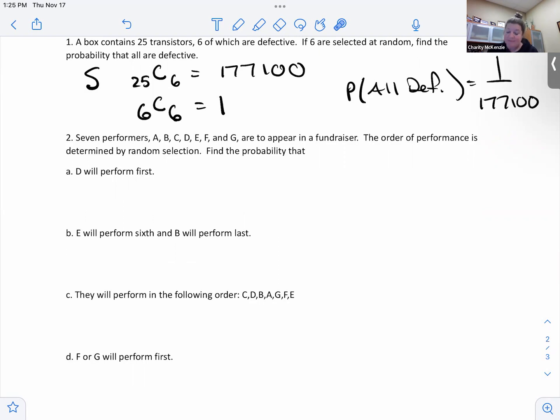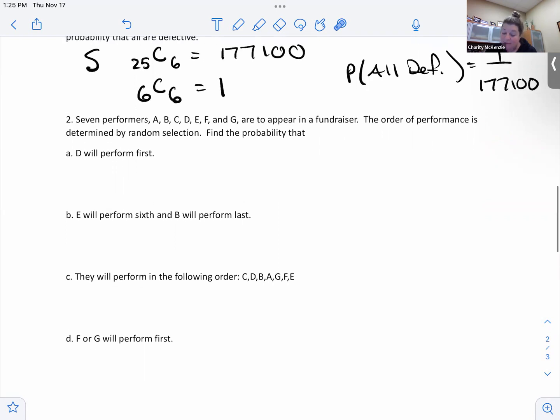7 performers, A, B, C, D, E, F, G, because I don't want to write names, are to appear at a fundraiser. The order of the performance is determined at random. Find the probability that D will perform first. So there's 7 total, okay?